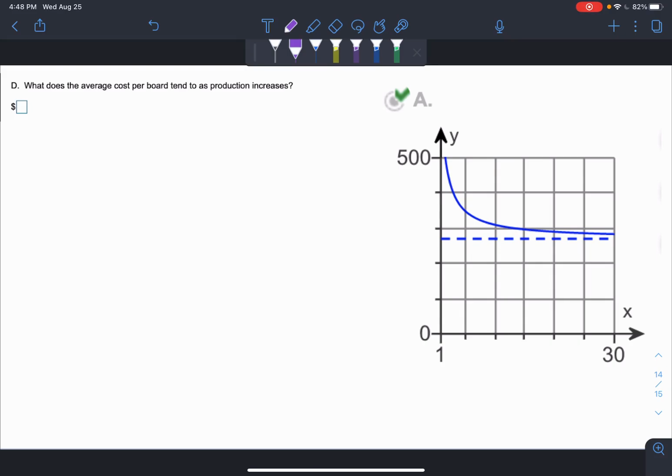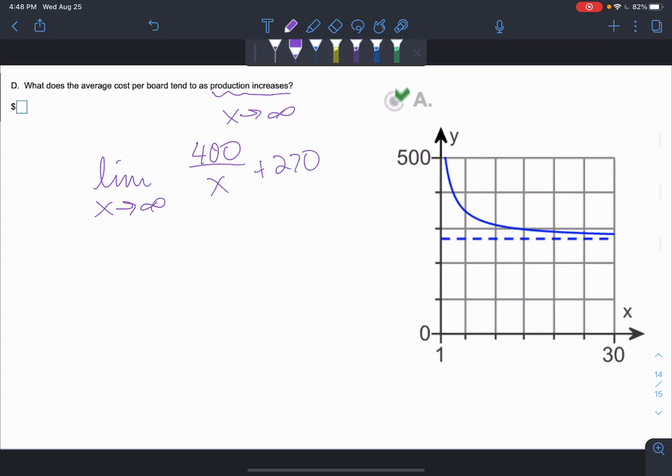So I talked about this before: the limit as x goes to infinity of 400 over x plus 270. A constant number divided by a really large number will tend towards 0, making it drop out. And so we are left with 270, and that will be your answer for this part.